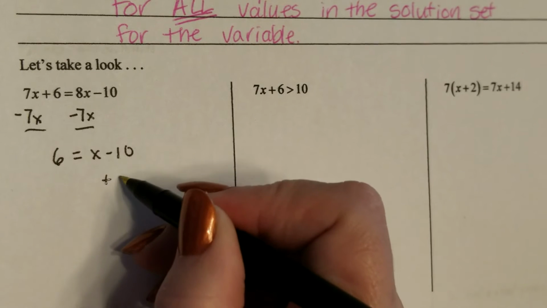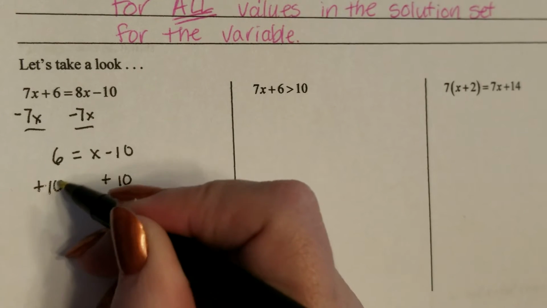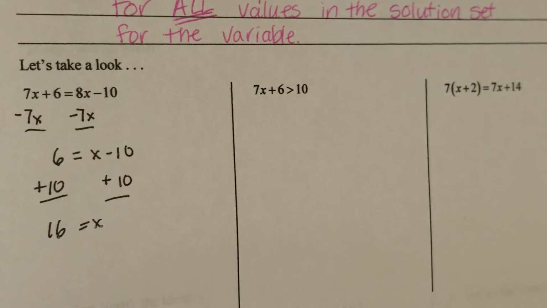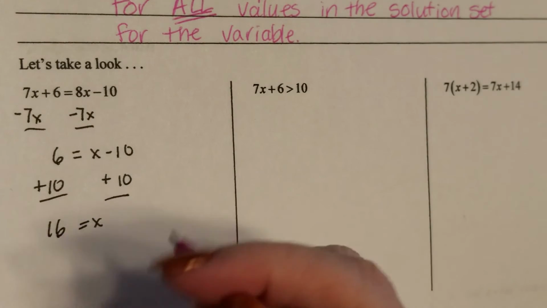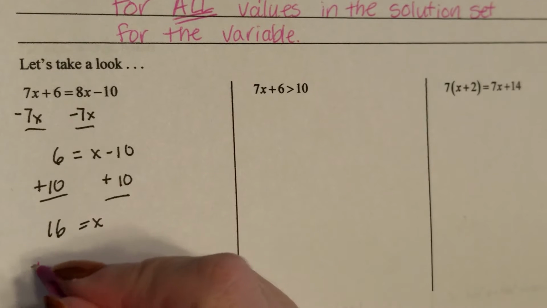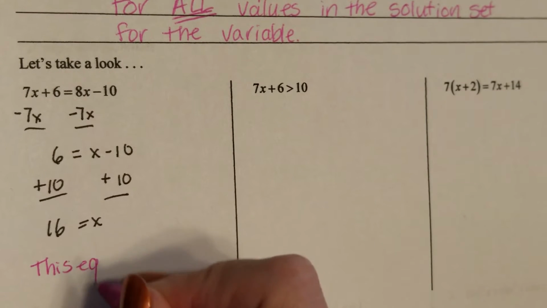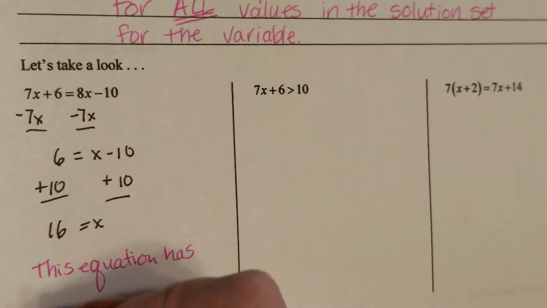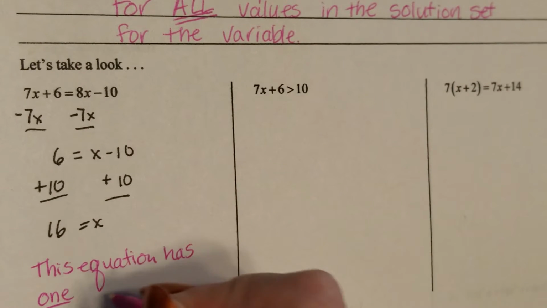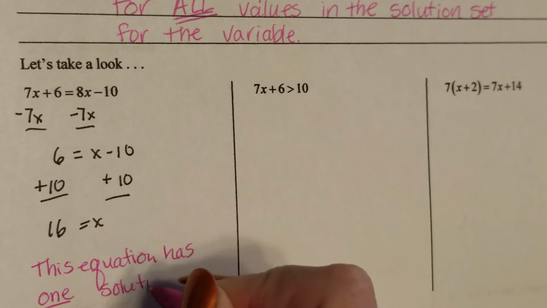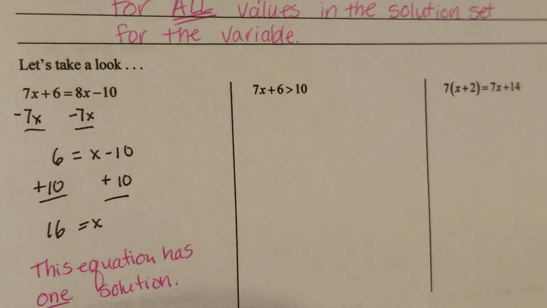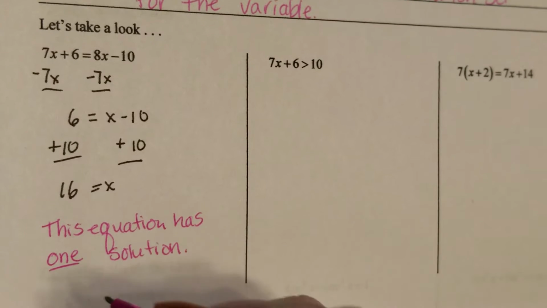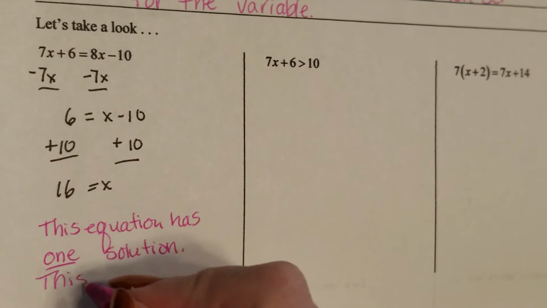Then we'll add 10 to each side. x equals 16. This equation has one solution. x can only be 16. If it's any other number, the statement is not true. So this is not an identity.